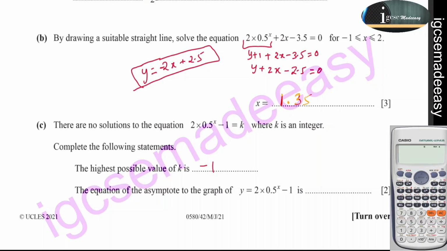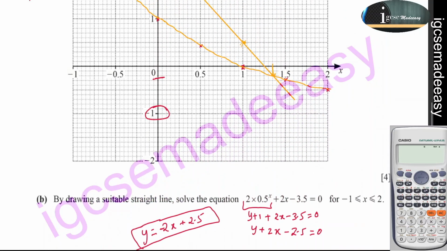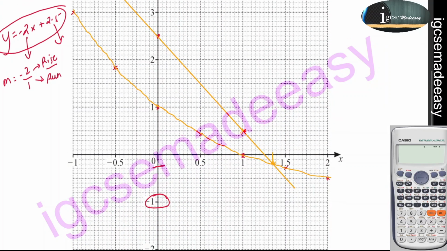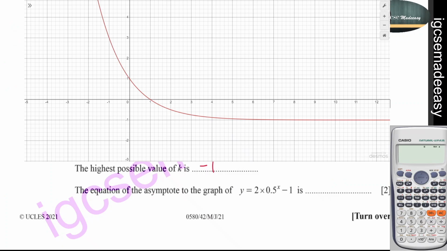The second part is the equation of the asymptote to the graph of this. Asymptote means, okay, I'll show you a graph, then we will understand this. For this particular question, I have taken one graph.